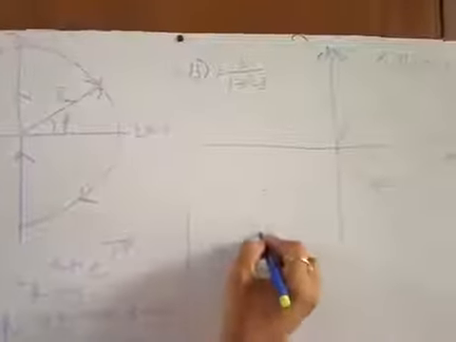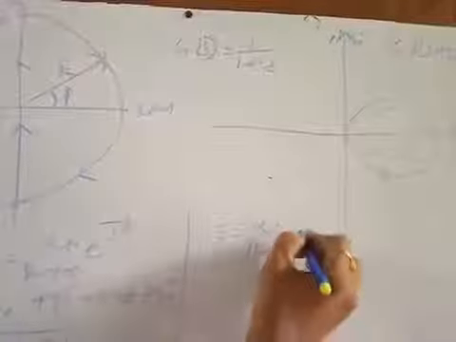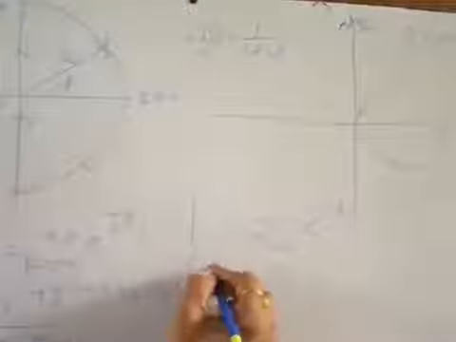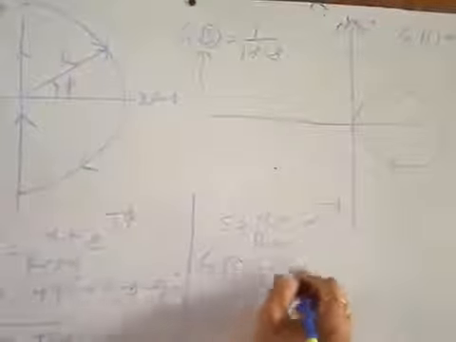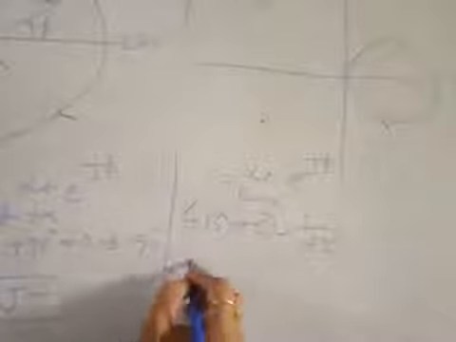Now what about this part? If you put s equal to limit r tends to infinity, r e to the power j phi, in the expression G(s)H(s) equal to 1 by 1 plus 2s, what will we get?